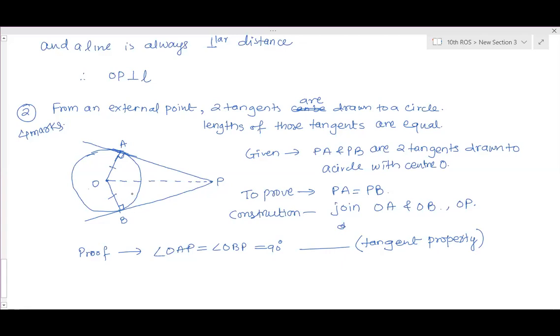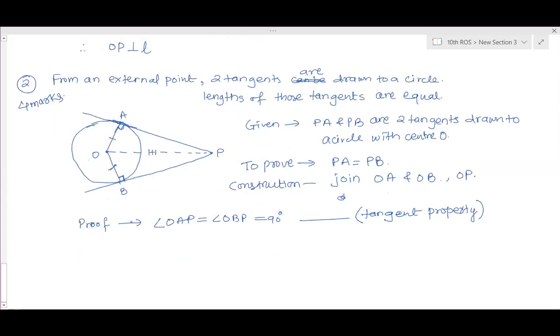Radii of the circle, both are radii, and OP is common. So by which criteria are the two triangles congruent? RHS. Right angle, hypotenuse and side are equal. So these two triangles are congruent by RHS, and therefore by CPCT, PA is equal to PB. That's it. Ma'am, so much for 4 marks. That's the explanation.